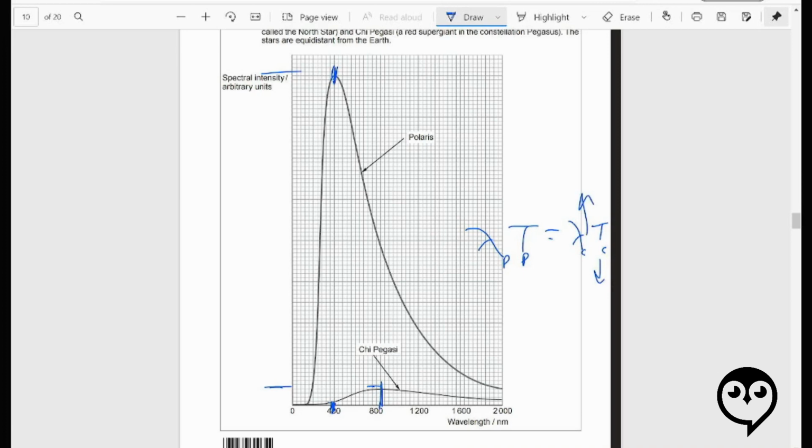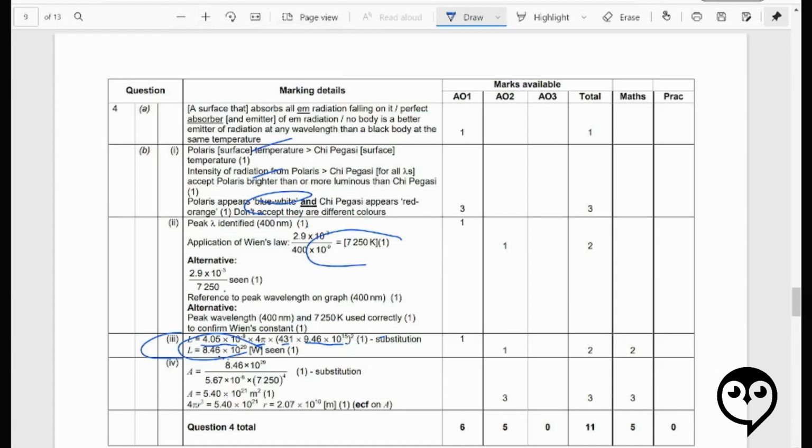Whereas with Polaris, we said it's got a lower wavelength, so it'll have a higher temperature. You get that from Wien's law. You can kind of intuitively guess that. There you go: the temperature, which comes from the wavelength, the intensity, and then, of course, the color. And you don't just say they're different colors. Let's not be lazy.